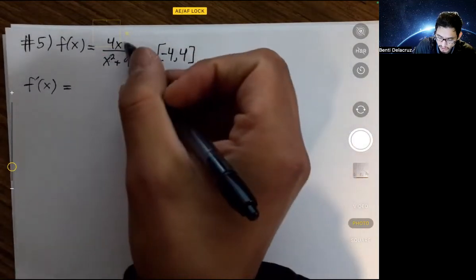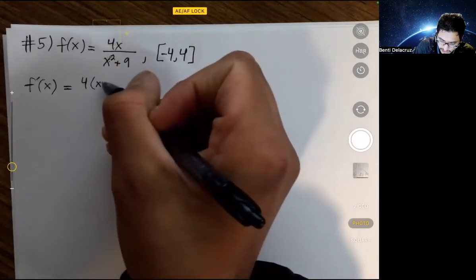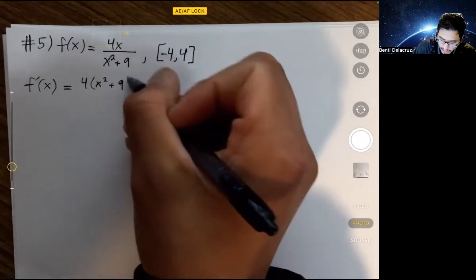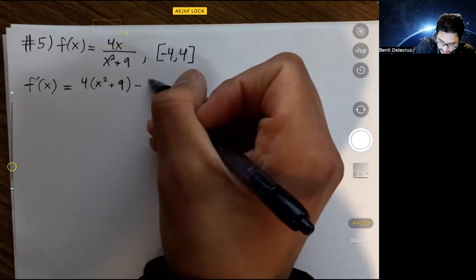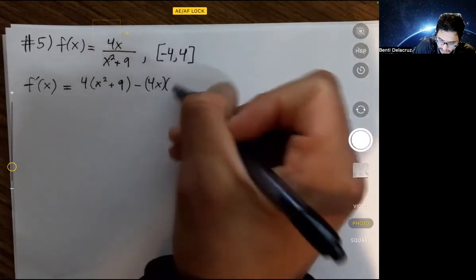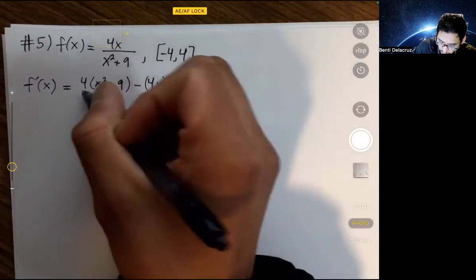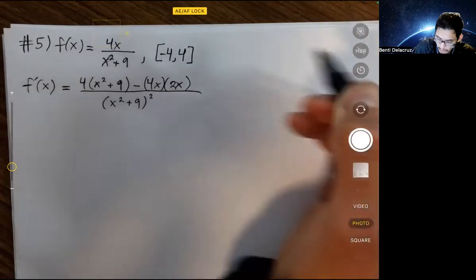So quotient rule: the derivative of the top, 4, times the bottom function, x squared plus 9, minus the top function, 4x, times the derivative of the bottom, which is 2x, all over the bottom function squared. So all over x squared plus 9 to the second power.